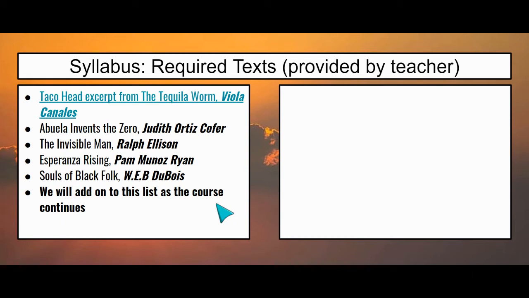We'll be reading The Invisible Man by Ralph Ellison, Esperanza Rising by Pam Munoz Ryan, Souls of Black Folk by W.E.B. Du Bois, and this list will continue to be added on to. All these readings that you see here are only for quarter 1 and 2. So we'll definitely have more to add to this list as we move into quarter 3 and quarter 4.